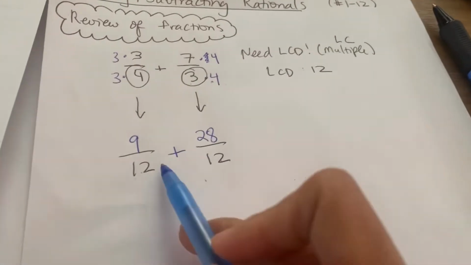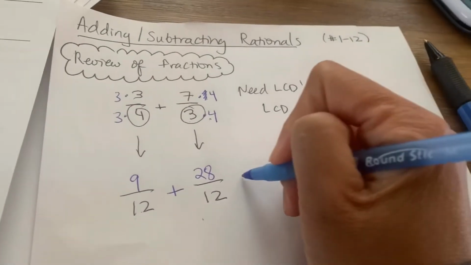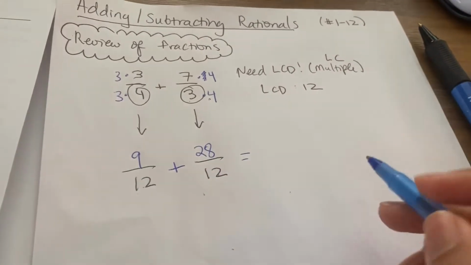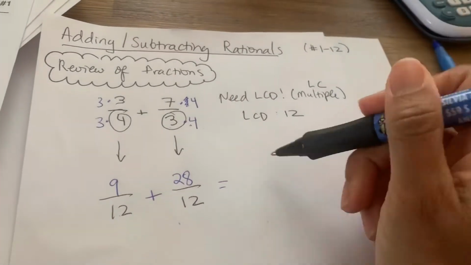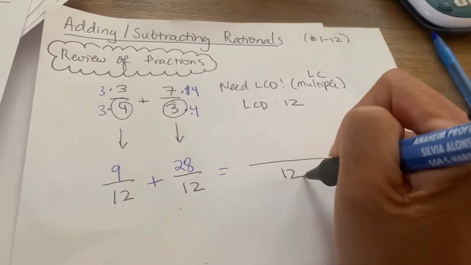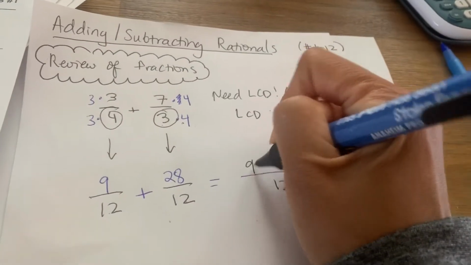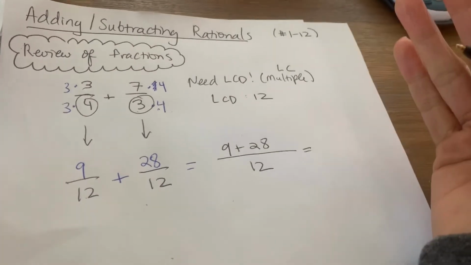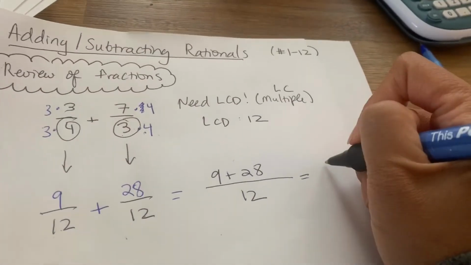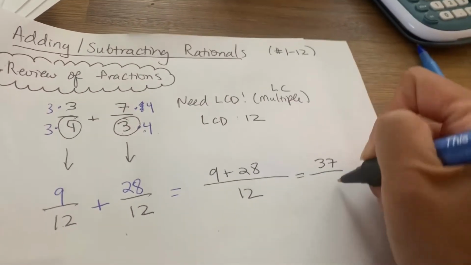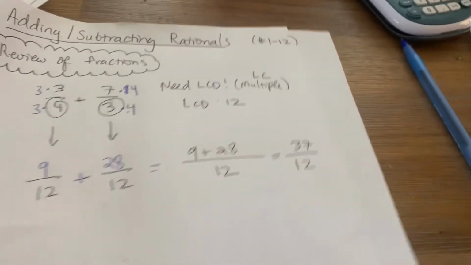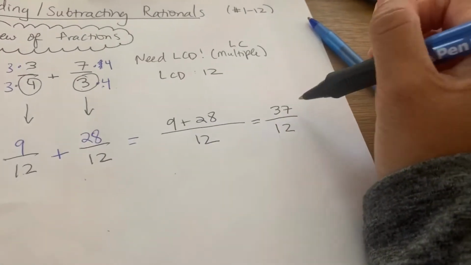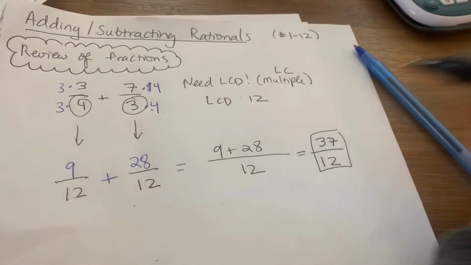Now that I have the same denominator, I can add the fractions. I keep the denominator the same, and I add the tops together, 9 plus 28, which is 37. I still add with my fingers, believe it or not. 37 over 12, and I can't simplify that anymore, so that's my final answer.